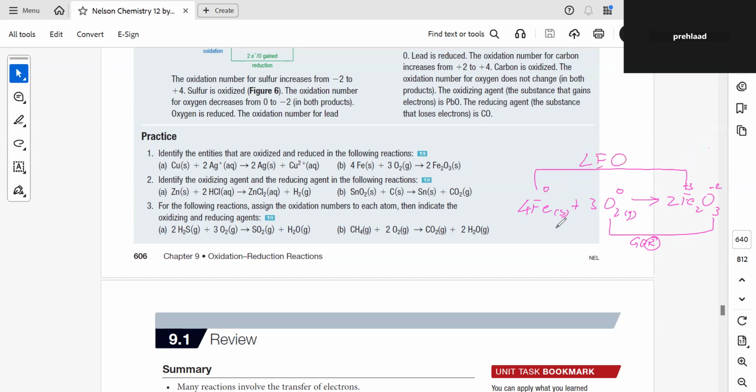Yes. And hence that is oxidation. So it's a reducing agent. Oxygen is an oxidizing agent. So whatever undergoes oxidation is a reducing agent. Whatever undergoes reduction is an oxidizing agent.